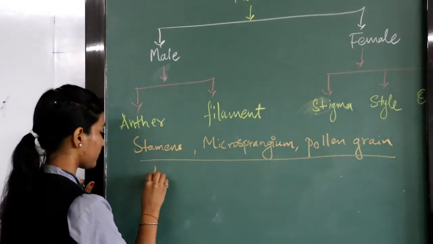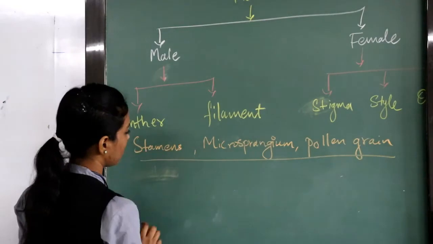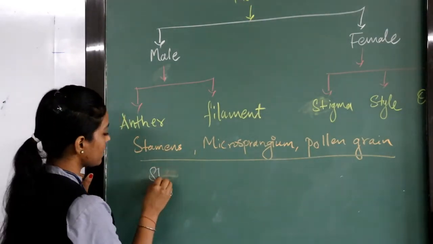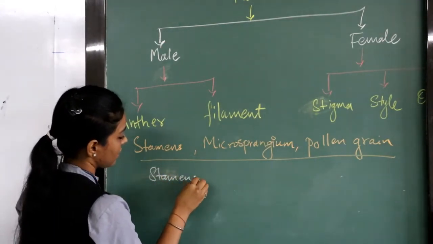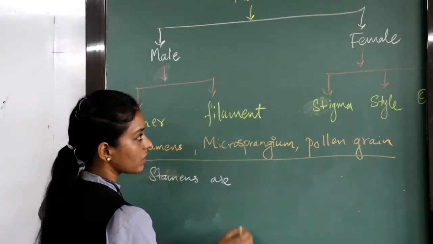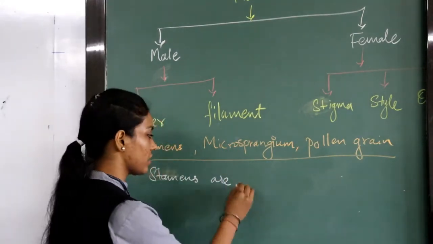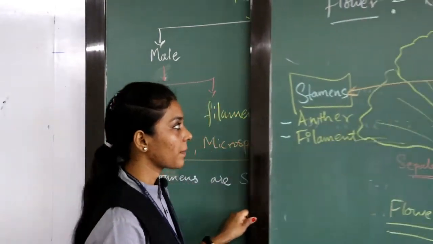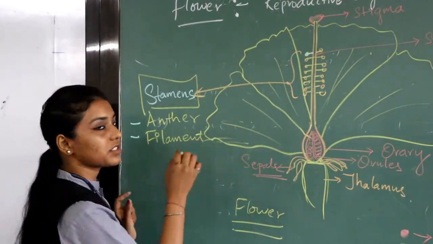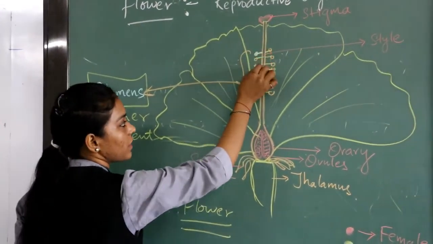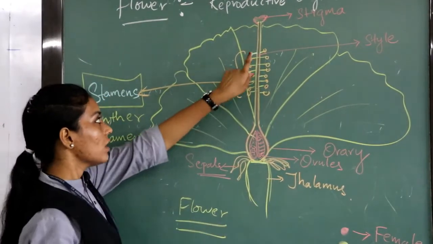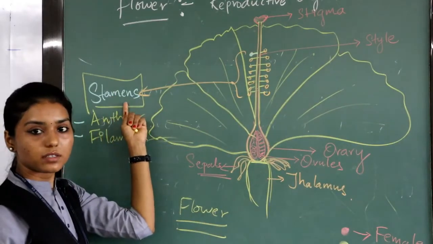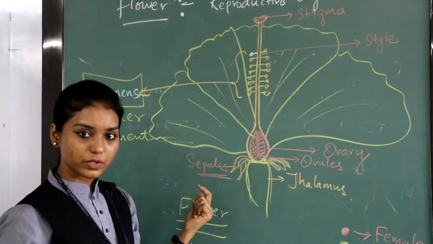Now, anther. First we will see the anther. When you are explaining this particular part, you have to say that stamens are similar to a stalk-like structure. Stalk means something arranged in a group. Here in this diagram you can see a group of stalks present, and all these stalks are stamens.